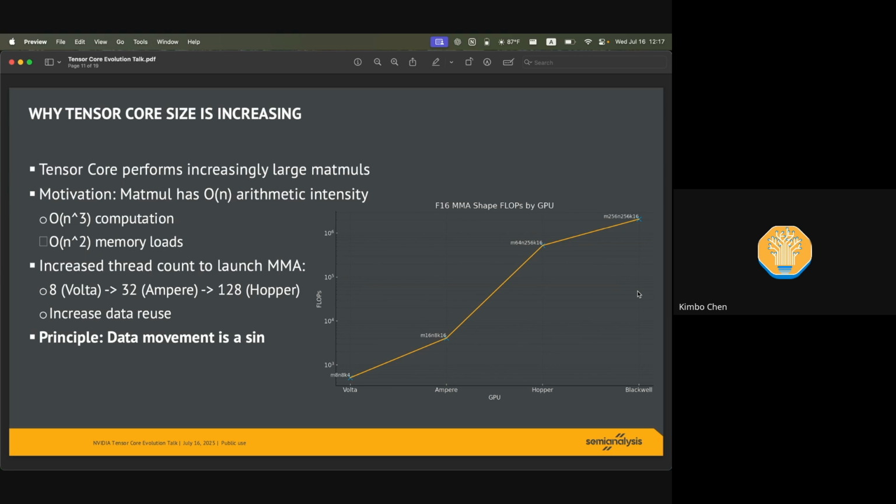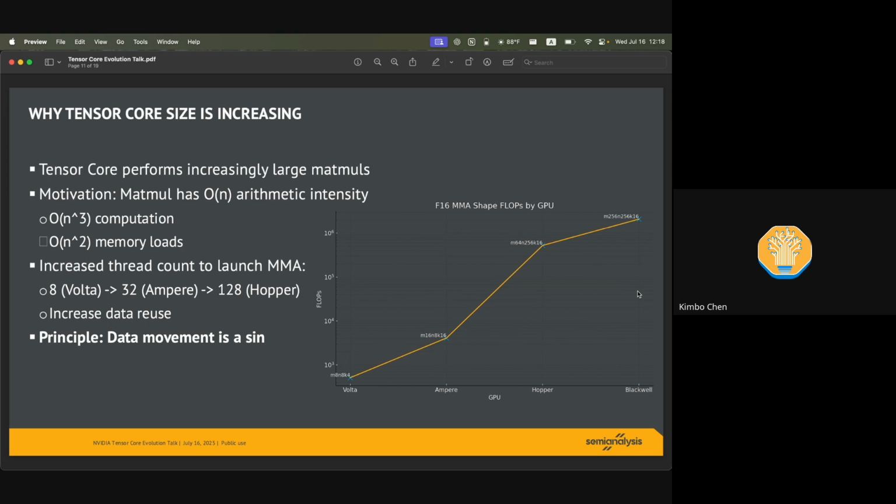So arithmetic intensity being computation over the number of bytes loaded, arithmetic intensity scales linearly with the size of the matrix multiplication. And having a higher arithmetic intensity implies that there will be a higher performance ceiling.